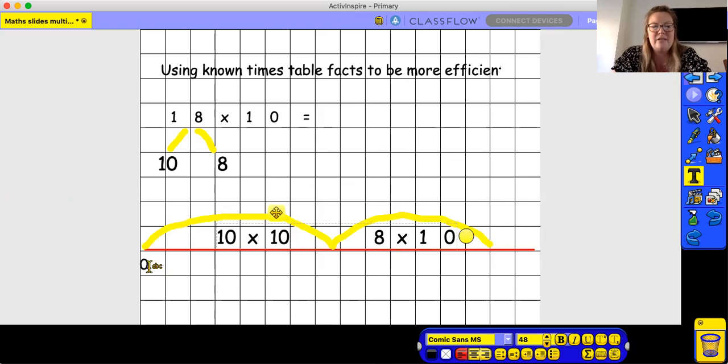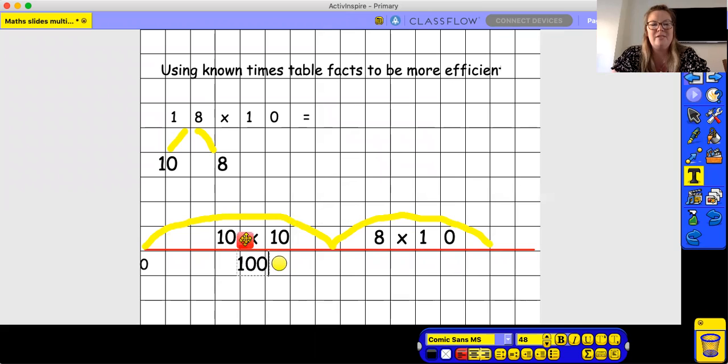So 10 times 10, let's count in tens all together to work it out. Here we go. 10, 20, 30, 40, 50, 60, 70, 80, 90, 100.